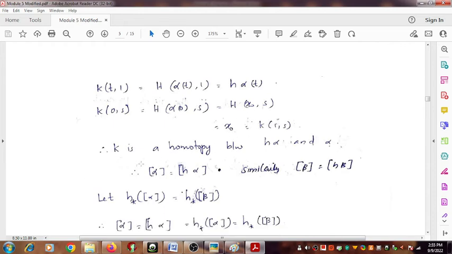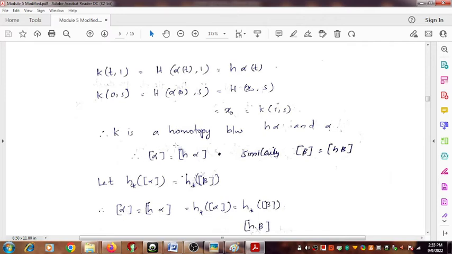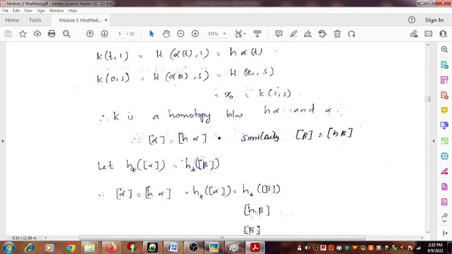Therefore k is a homotopy between h∘α and α, and therefore we can say that [α] = [h∘α]. So that means the effect of h on loops is actually nothing there.